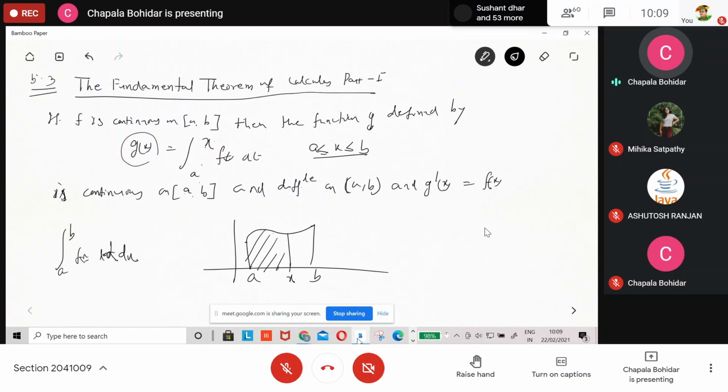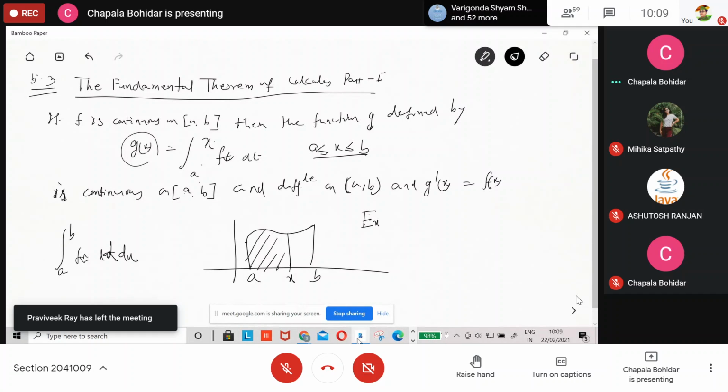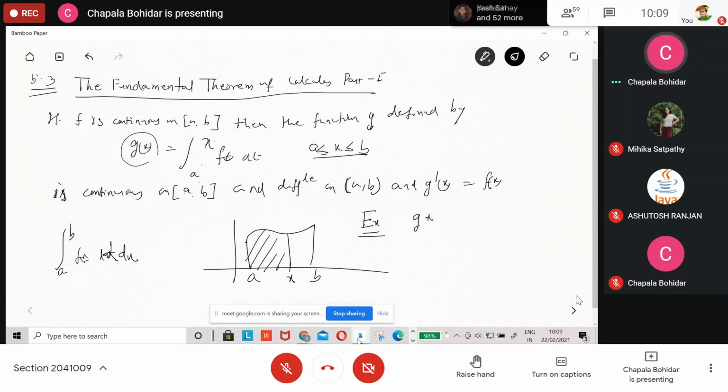Find the derivative of the function g(x) is equal to the integral from 0 to x of the square root of 1 plus t squared dt. Am I audible? Yes, ma'am, you are audible.